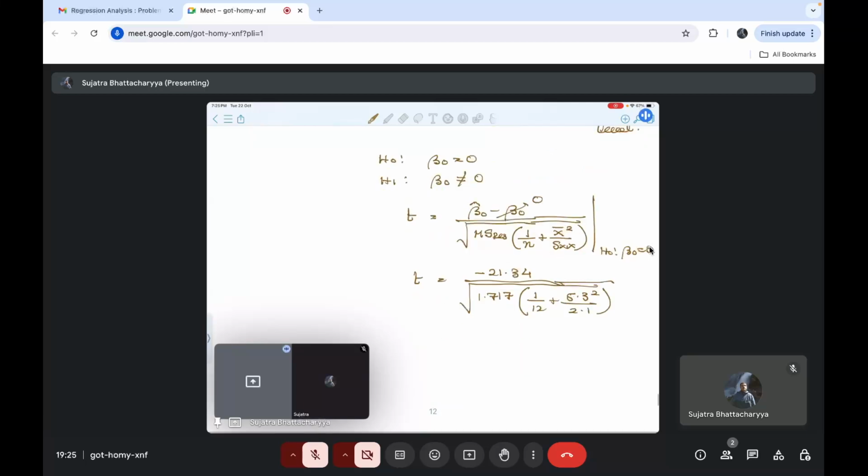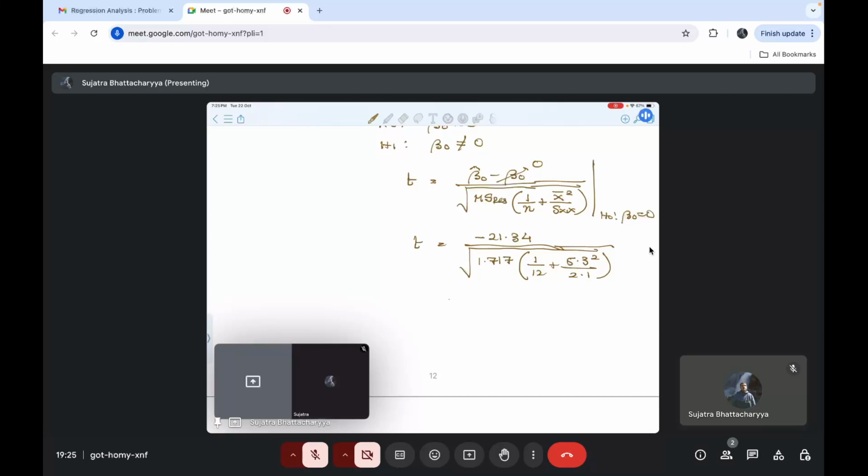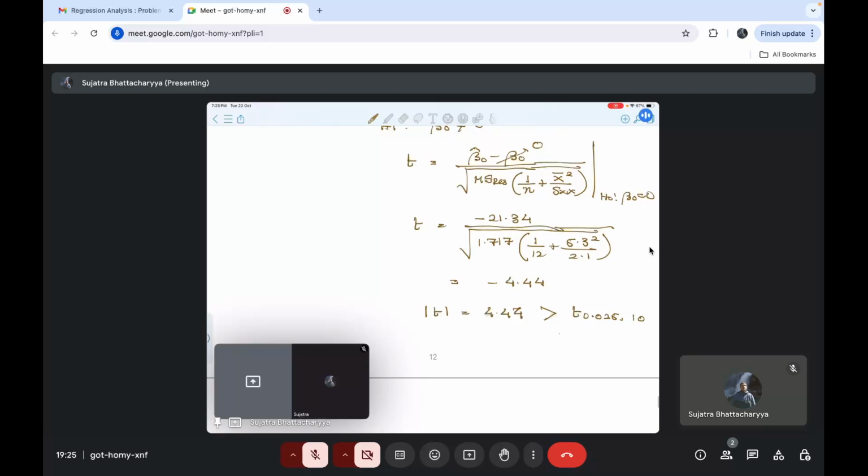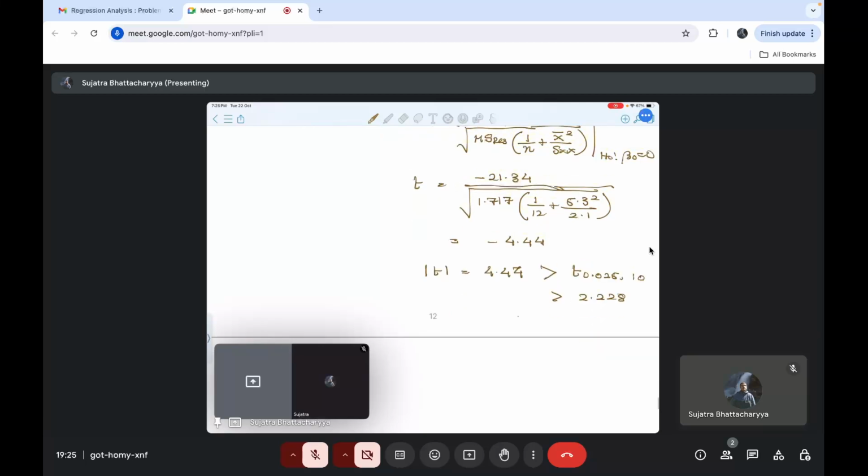So once you calculate all these things, you get minus 4.44. So mod of t, which is nothing but 4.44, is greater than 3.025. What is the degree of freedom? 10, right? So which is 2.228. Therefore, beta naught hat is significant.